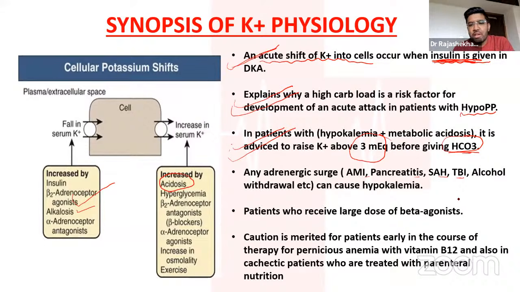And patients who receive large doses of beta agonists, like a patient coming to you with acute severe asthma where you are nebulizing with salbutamol or terbutaline, which are short acting, so you will be using beta agonists very frequently. And in case of premature labor, you will be using beta agonists like ritodrine, especially by the IV route. So these can also move the potassium into the cell and cause sudden hypokalemia.